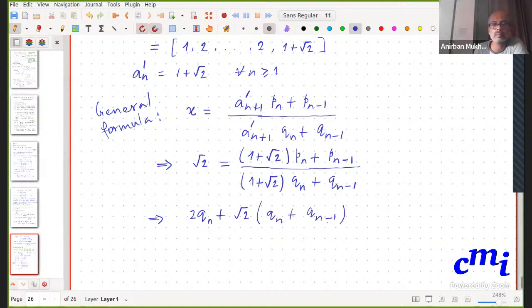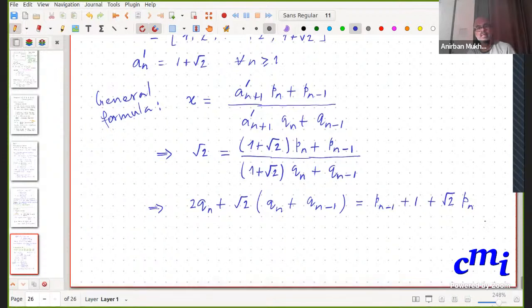So these two are getting multiplied by square root of 2. And when you multiply the square root of 2 here, that is 2Qn. And on the other side, the rational part is Pn minus 1 plus 1. And then you have the irrational part, square root of 2 Pn.